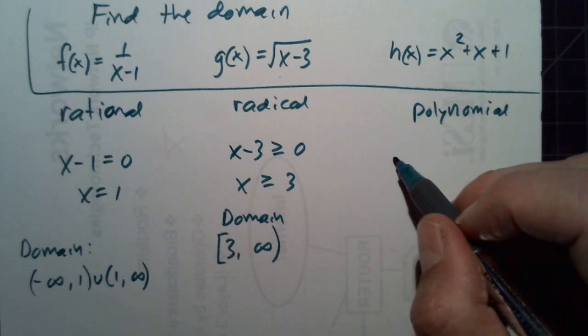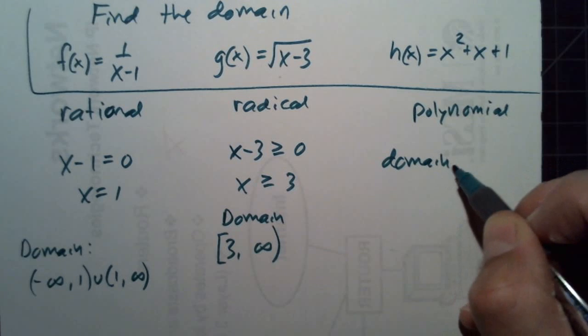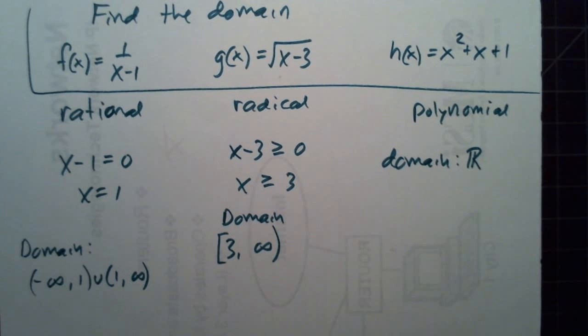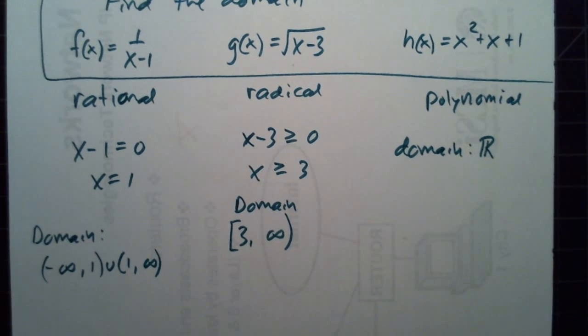So that means the domain is all real numbers automatically. We just have a nice shortcut there. Alright, so that's domain. Let's look at evaluating piecewise functions.